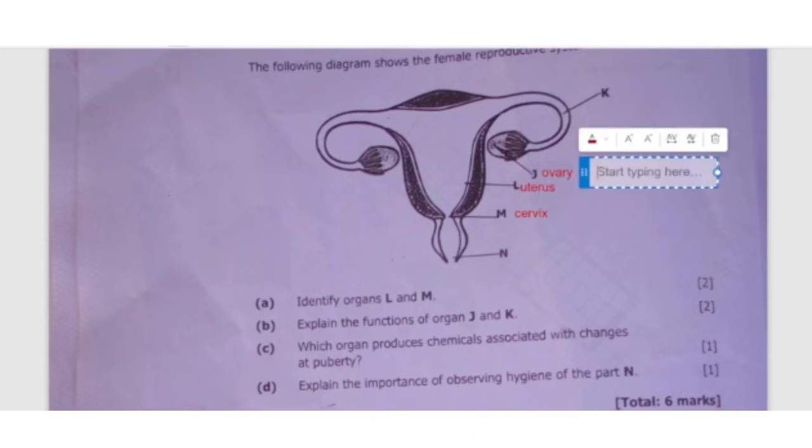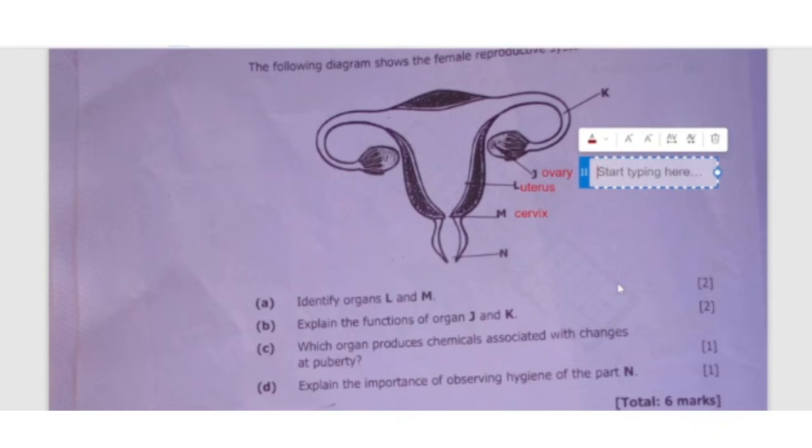So I'm going to write 2 functions. However, this question has got 2 marks. That means they want you to give 1 function for J and 1 function for K. So since it's revision, I'm going to give you 2 functions for ovary.